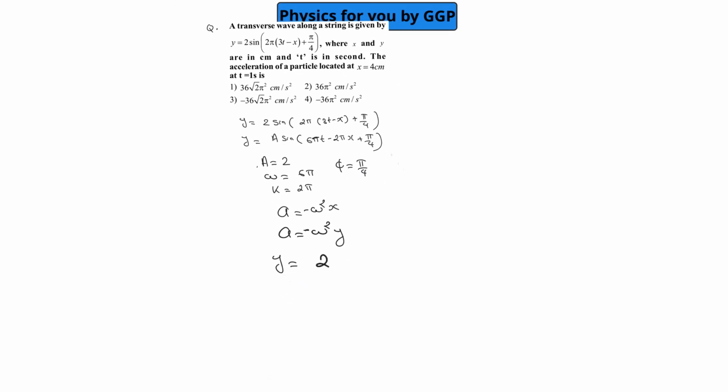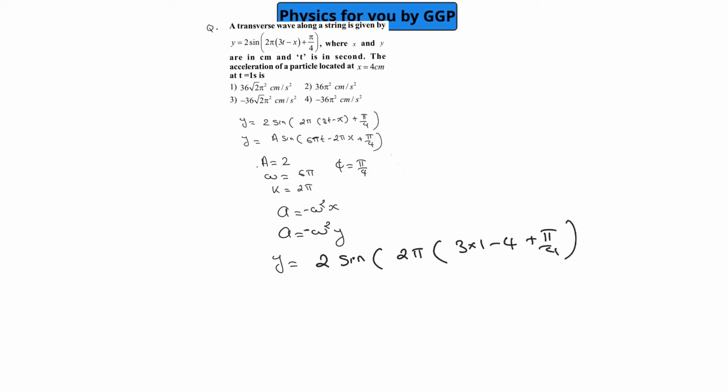So we can write it is 2 into sine of 2 pi into (the value of time is given as 1 second, so 3 into 1 minus x, which is given as 4) plus pi divided by 4.